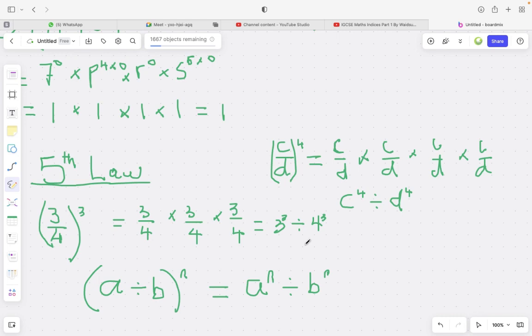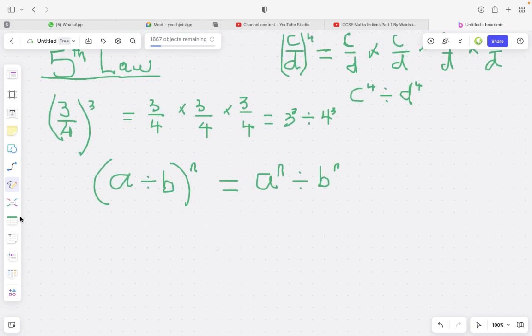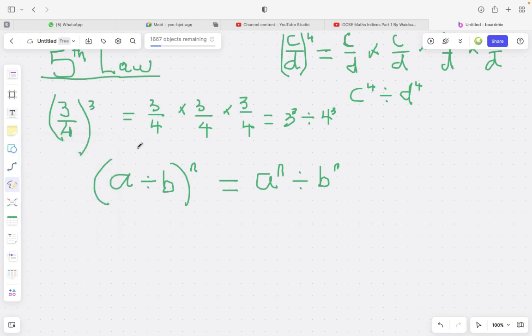Now let's take a look at an application for the 5th law. I think we choose something different to bring something unique. Okay, now let's say we have question 1. Let's apply. We say P over R raised to the power of 7.